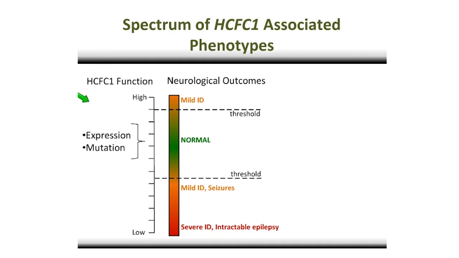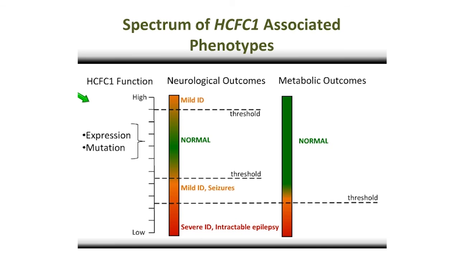And when you have missense variants that are loss of function, you get a range from mild ID and seizures, which is the variant that we studied, right down to really severe ID and intractable epilepsy, which are the features that were also associated with the metabolic outcomes. So we think the threshold for the metabolic outcomes is much lower. It's only when you get really severe loss of function mutations in HCFC1 that you'll have the combination of severe ID and the cobalamin deficiency.